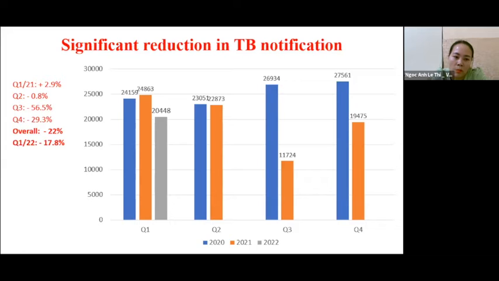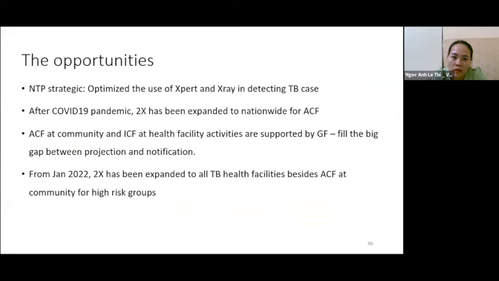When we compare the data in quarter 1 of 2022 with the notification rate in 2021, we can see there is still a significant reduction in TB notification, which is 70.8%. Next, please.